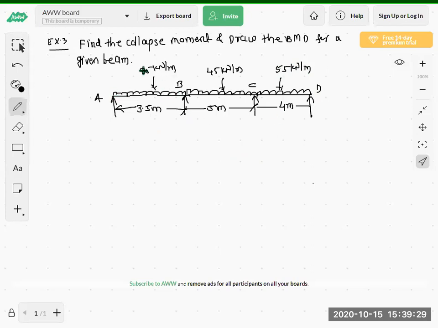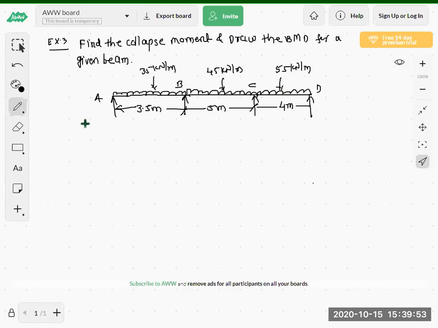The AB span carries 35 kilonewton per meter load in the form of UDL. The BC span carries 45 kilonewton per meter, and the CD span carries 55 kilonewton per meter load.